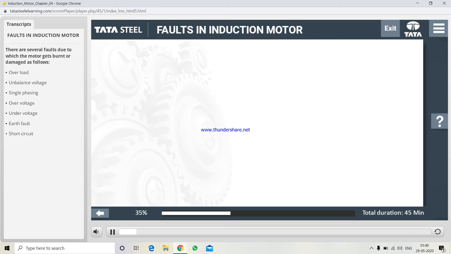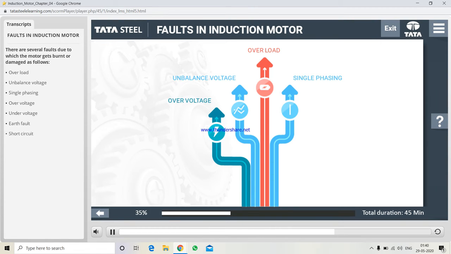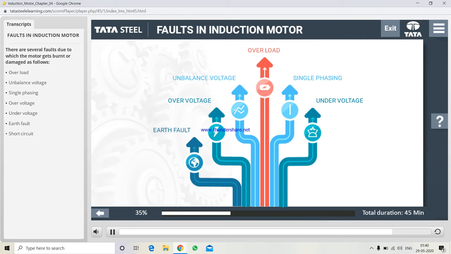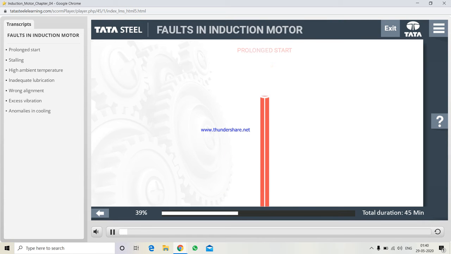There are several faults due to which the motor gets burnt or damaged as follows. 1. Overload. 2. Unbalanced voltage. 3. Single phasing. 4. Over voltage. 5. Under voltage. 6. Earth fault. 7. Short circuit. 8.